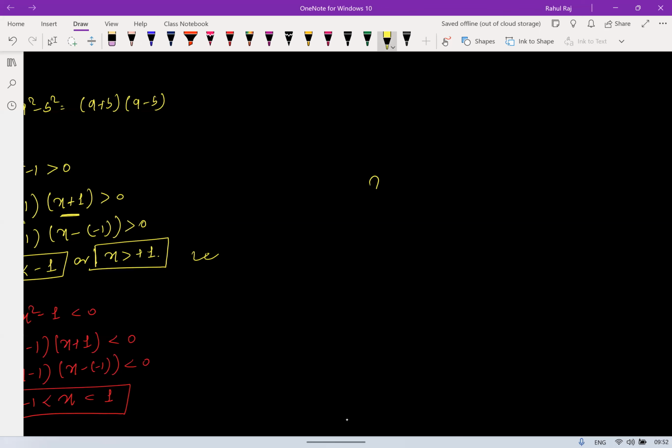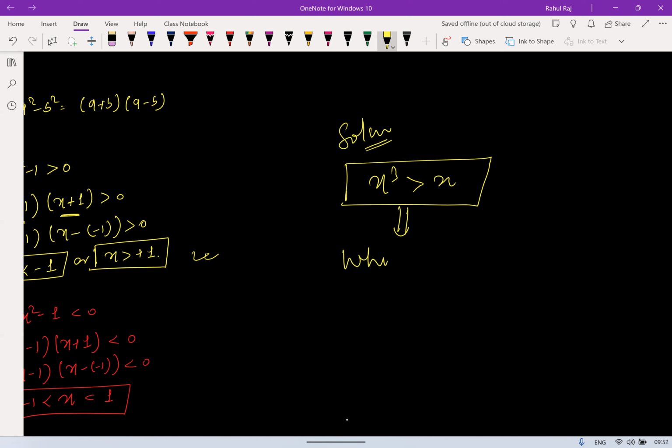Technically, when I ask you x cube is greater than x, I'm just asking you, Alexa, the reason they are even asking you to solve this particular equation. What is the reasoning behind solving it? The reasoning is simple. You have to tell when the condition suffices, when is this condition possible, for what value of x this condition is possible. That's the whole point of solving this.